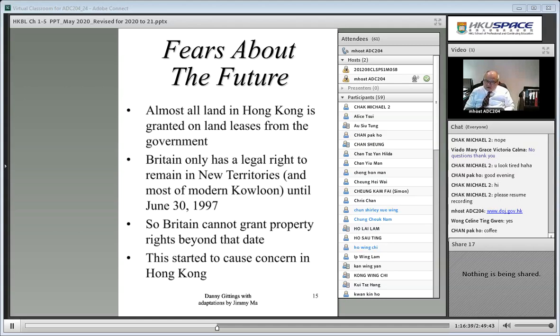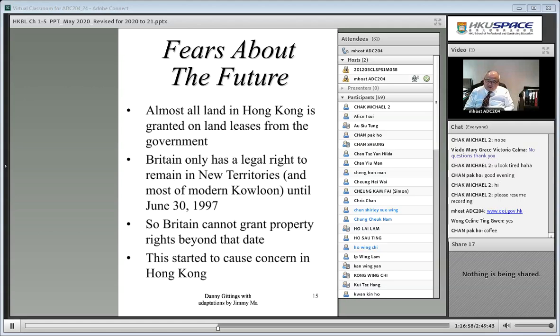So something has to be decided. Otherwise, it will be too uncertain for people to make any decision to either invest in Hong Kong, including the New Territories, or living there.